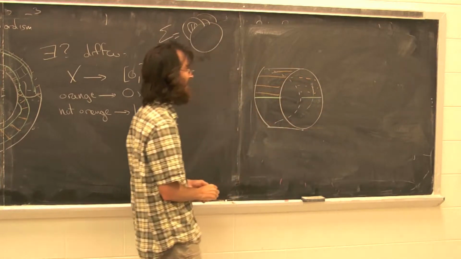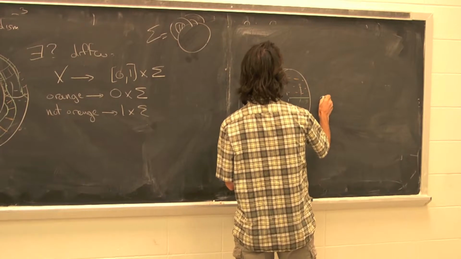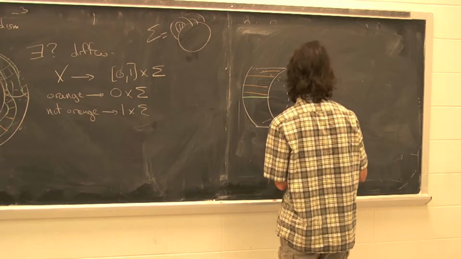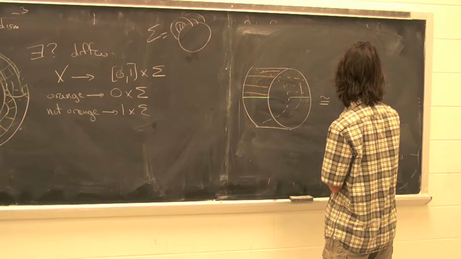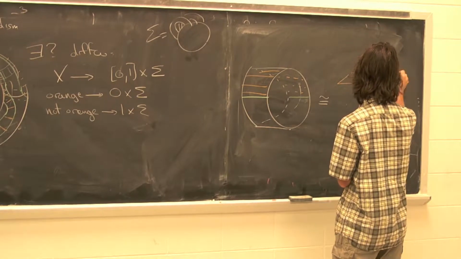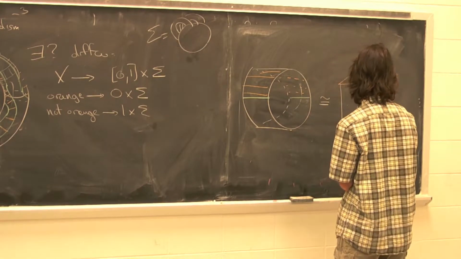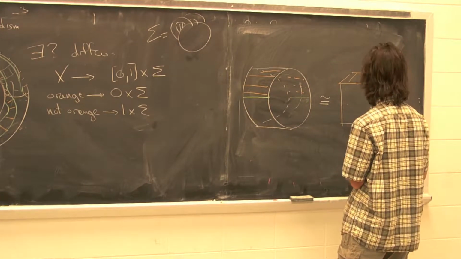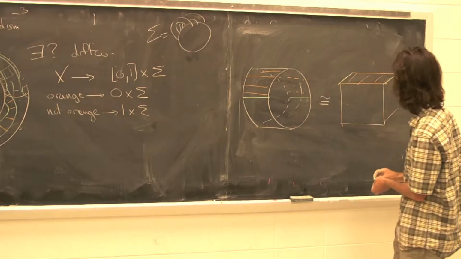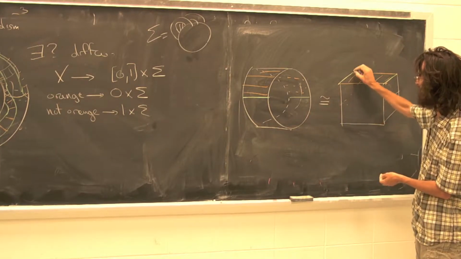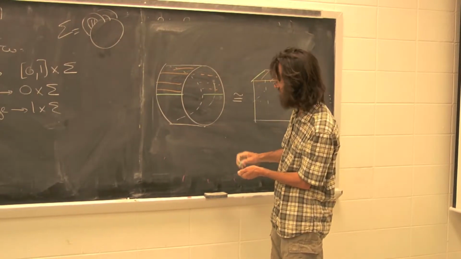And so I can then say, great, I want to say that this is diffeomorphic to just a rectangle across an interval. Right? So this is the green stuff here. Right, so in other words, I'm going to construct this product structure.